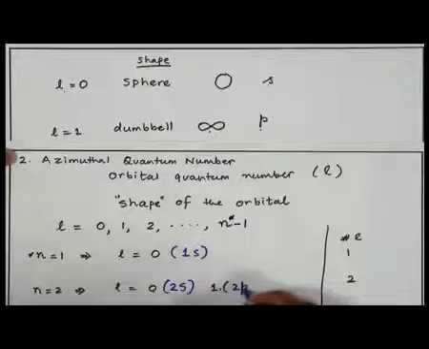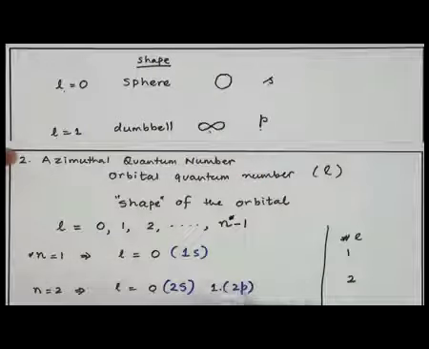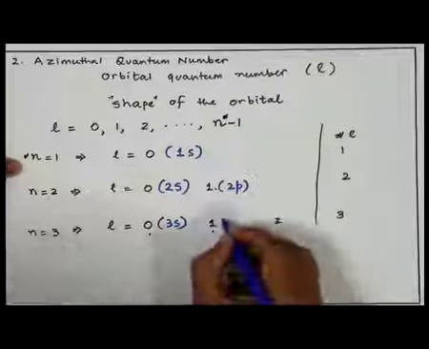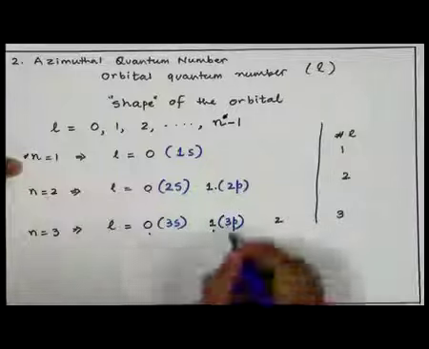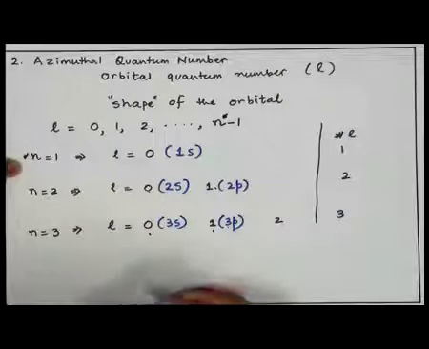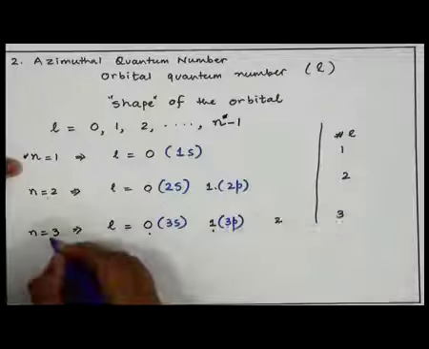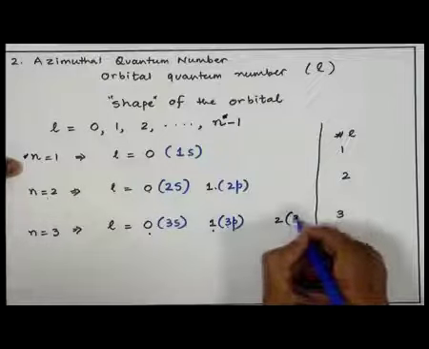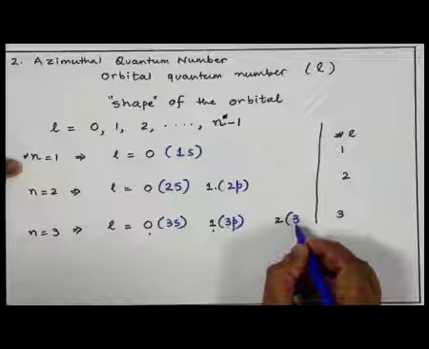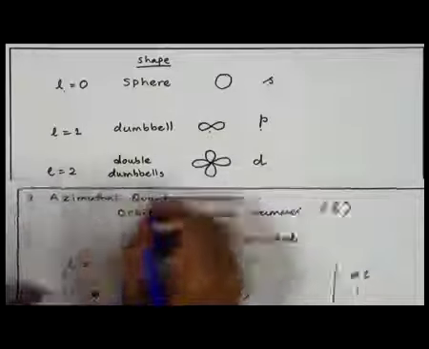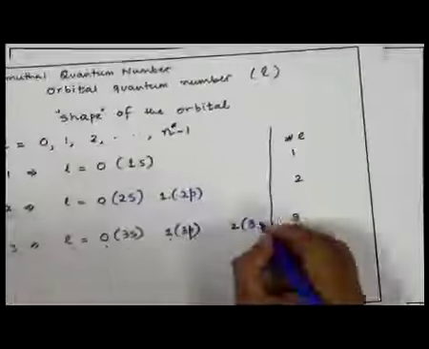So, we will call this orbital 2p, that means its principal quantum number is 2, its azimuthal quantum number is 1, that is why we are calling it p. And similarly, when n is 3 and L is 1, we call this 3p, principal quantum number is 3, azimuthal quantum number is 1. When principal quantum number is 3 and azimuthal quantum number is 2, we say the orbital as 3, the principal quantum number, and when L is 2, this is called d.